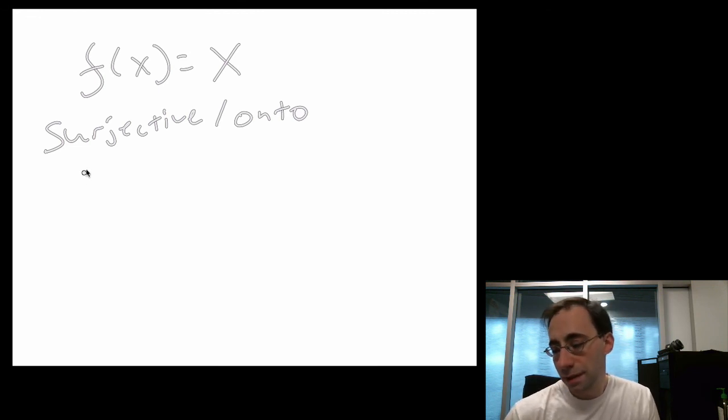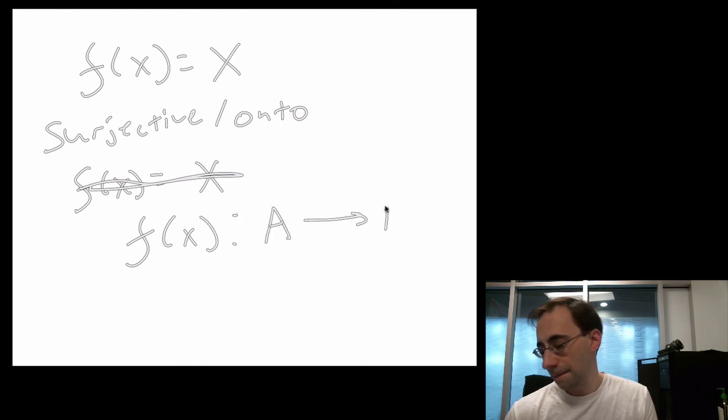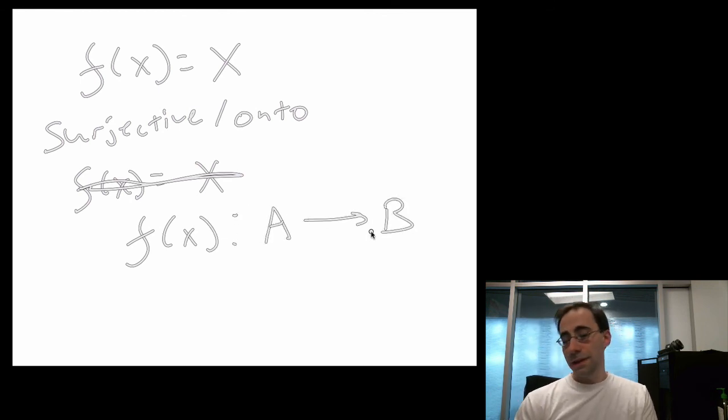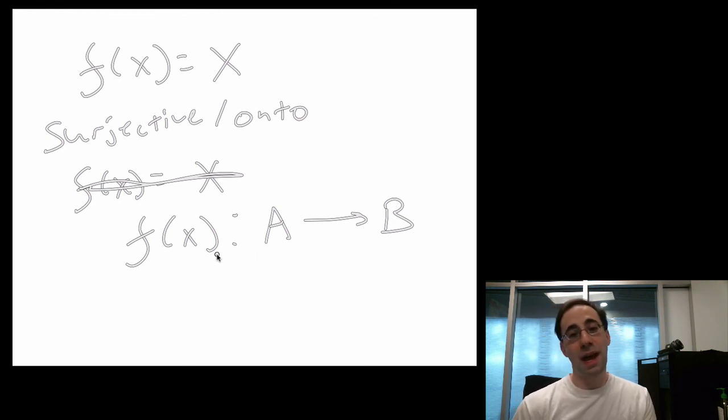In other words, if you're making the function f of x like that, then the range of the function is the same as the codomain. You're covering all the points. The range of the function covers all the points in the codomain.